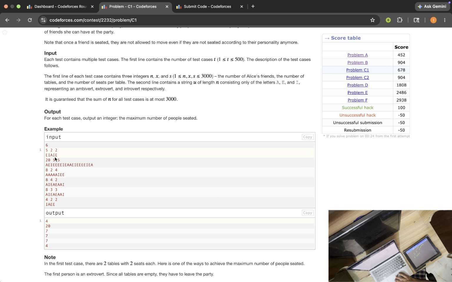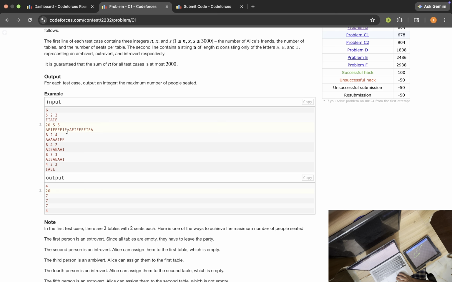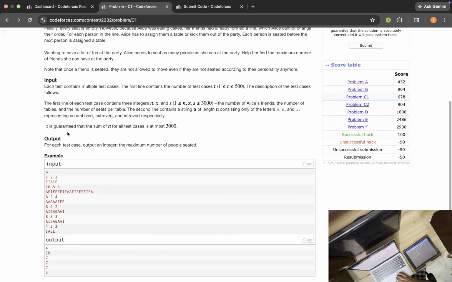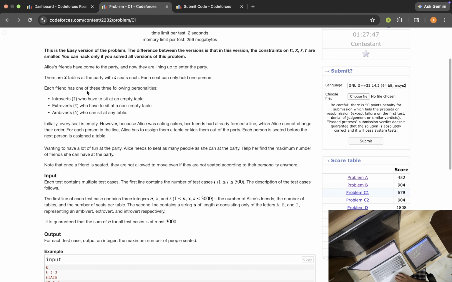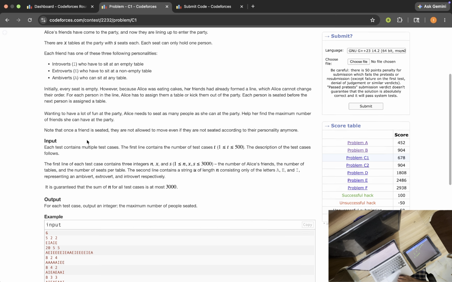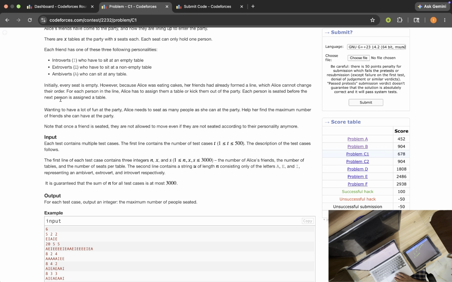I'm confused about the thing. What's each can only hold. Okay, initially every seat is empty. Each person is seated before the next person is assigned. Note that once a friend is seated, they are not allowed to move if they are seated according to the person.